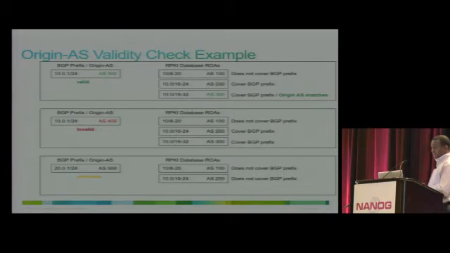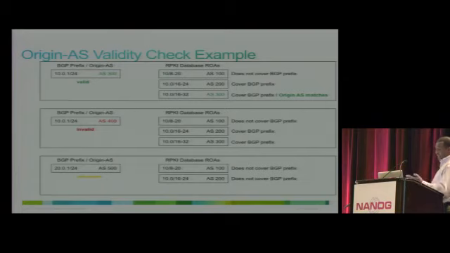Okay? In the second case, there is a matching prefix, which is 10.0.0/16/24, but the origin AS is different.